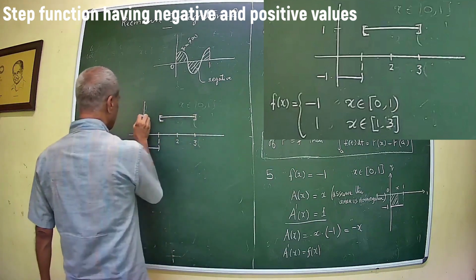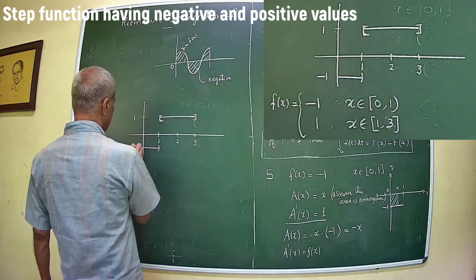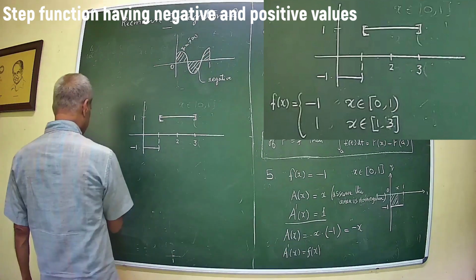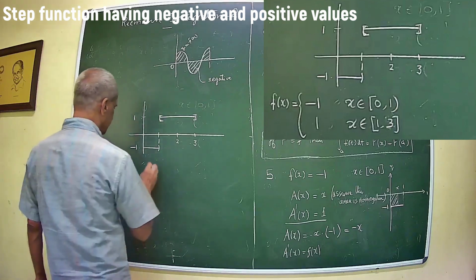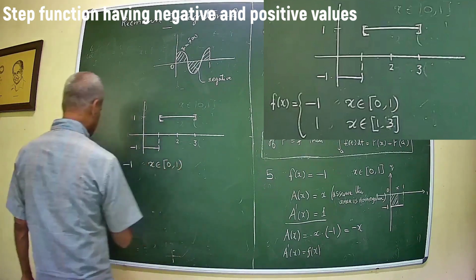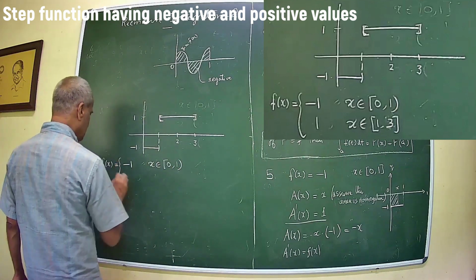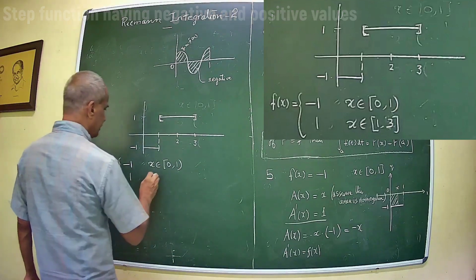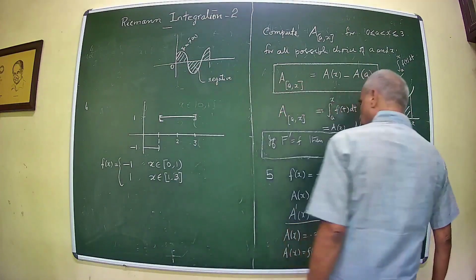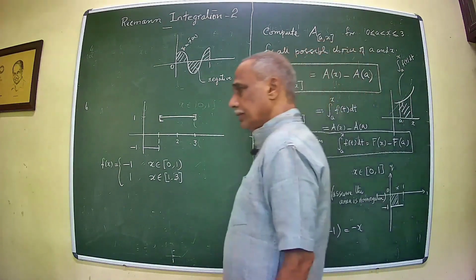So we take f(x) to be equal to minus 1 here, and this is equal to 1. Now for this function you compute the area.